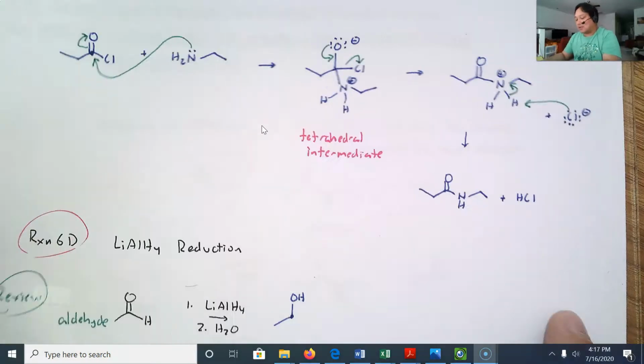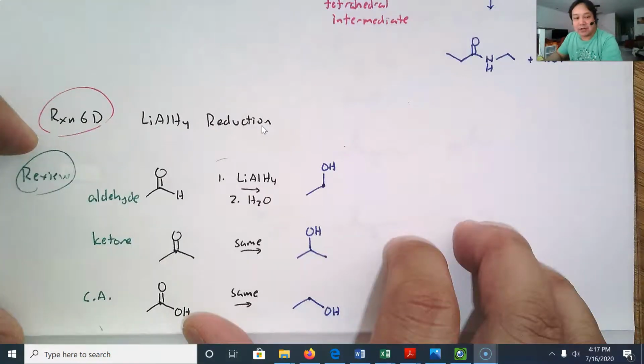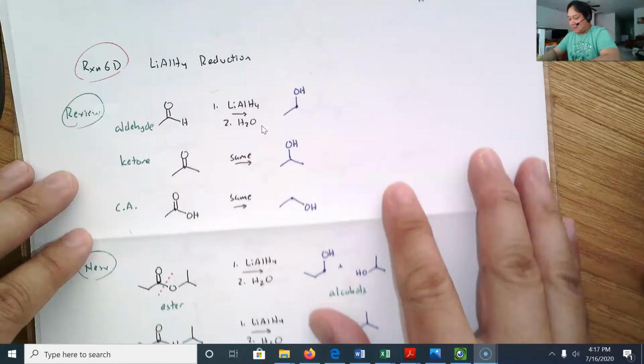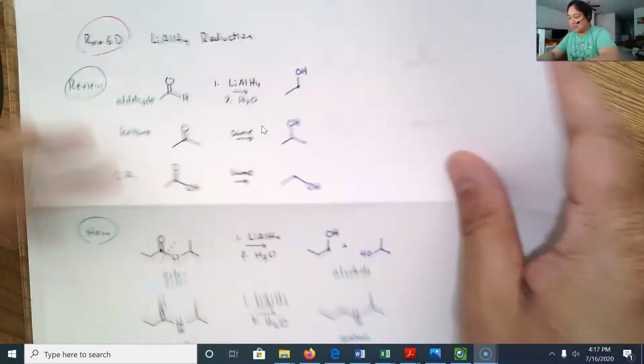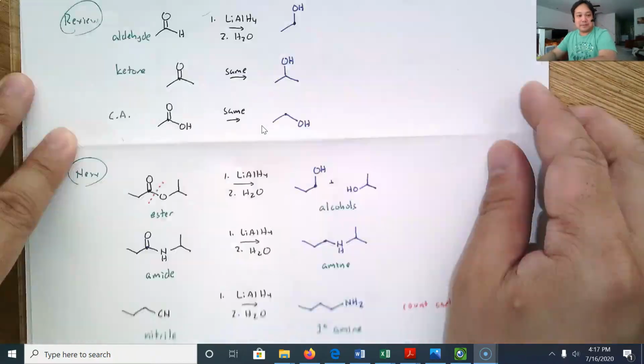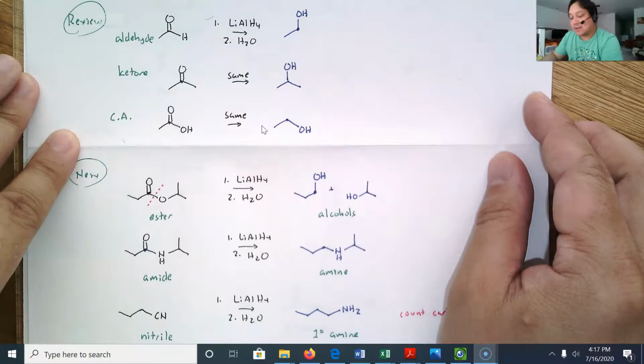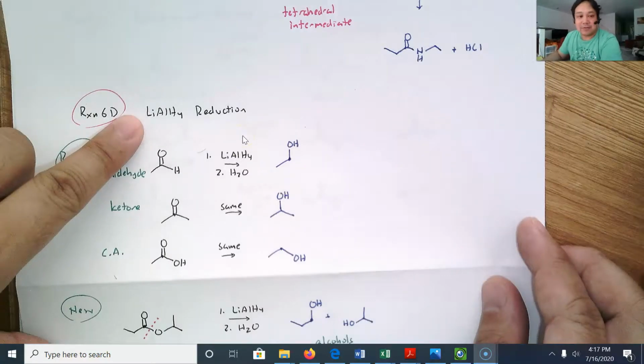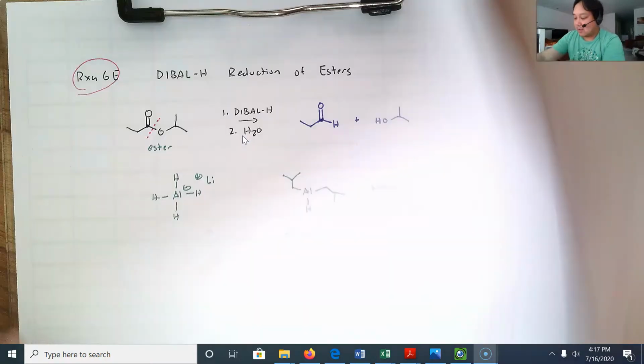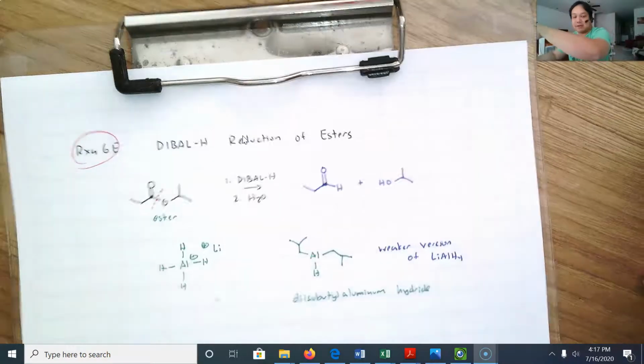And then the second reaction we did today was reduction. If you zoom out, I did fit 6 reductions onto 1 page. Okay. 6 reductions right there. And then the last reaction was a new type of reduction. Instead of using LiAlH4, I used DIBAL.